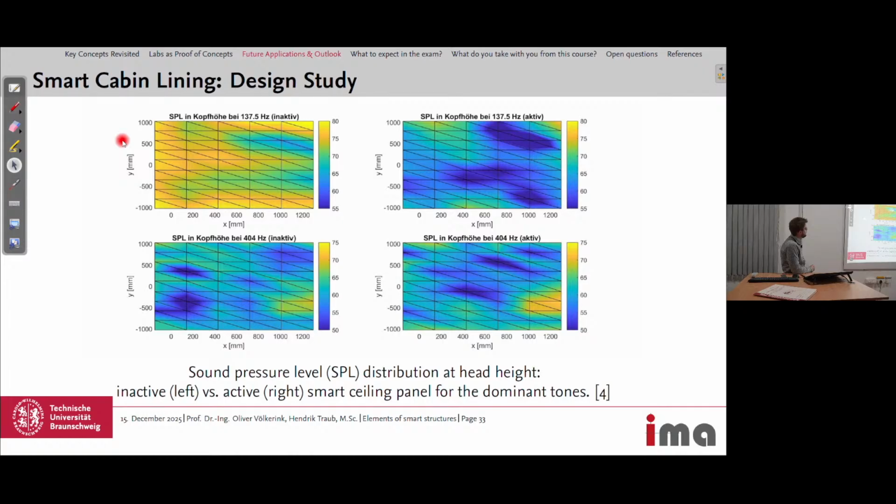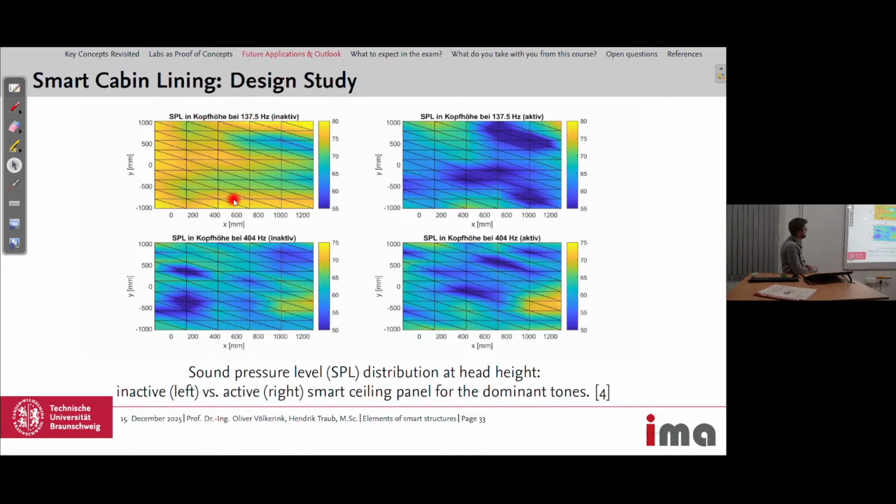And the first row is for 137.5 Hertz, so the first tone. Here without the system, and here with the system, and you can see lowest value of 55. I think it's a dimensionless value, the sound pressure level, but lowest value 55 and highest 80.